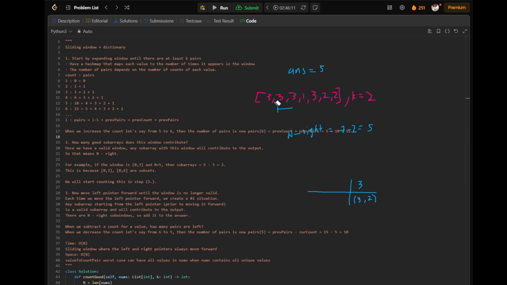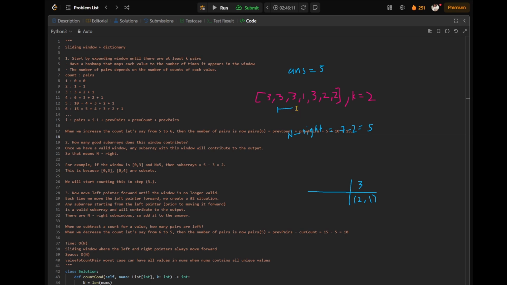And as we move it, so right now we're at 2 3, so this will be updated to count of 2 3s. And how many pairs does this contribute to? There's only 1 pair. So that's why our window is invalid, because the k is 2 and we have only 1 pair in our window.